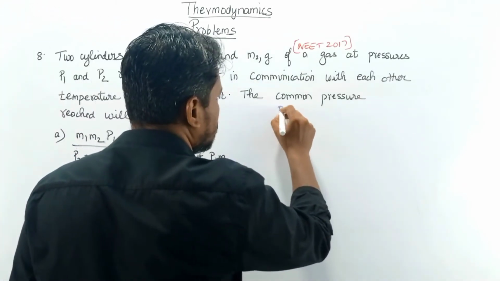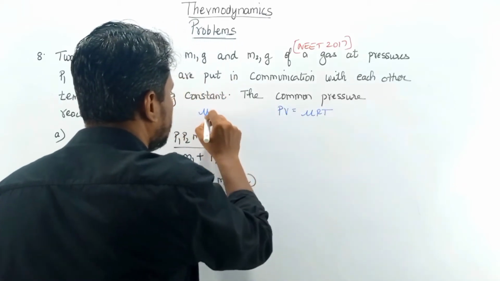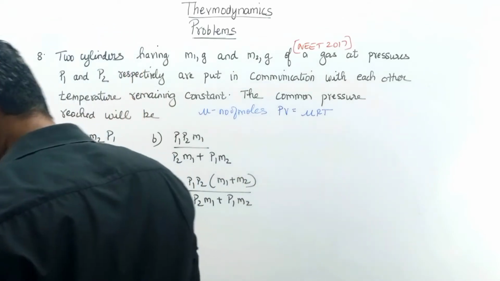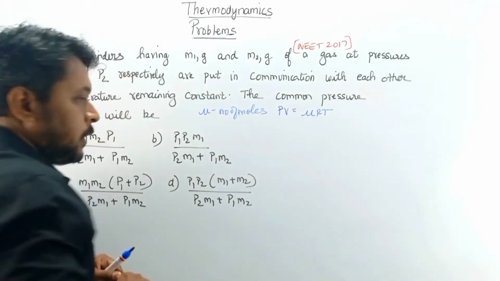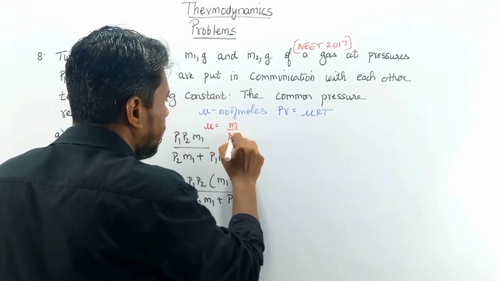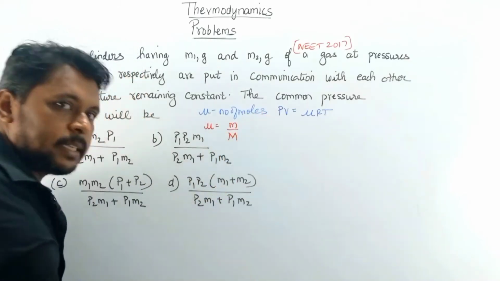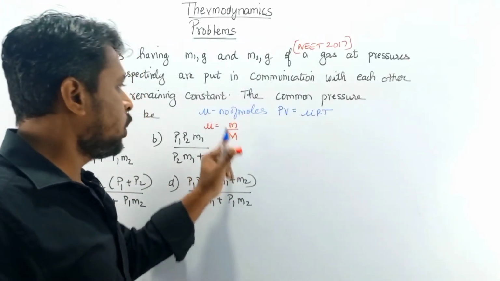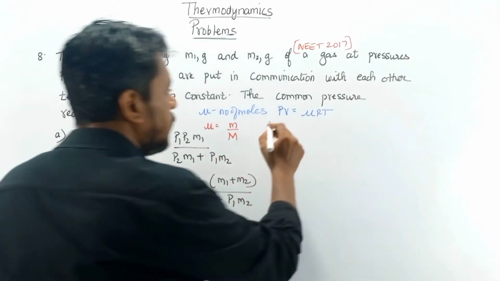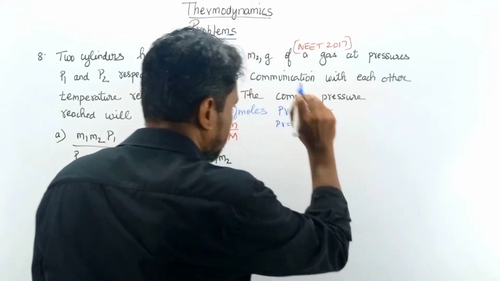According to the ideal gas equation, we have PV equals mu RT, in which mu is the number of moles. This mu could be replaced by small m by capital M, because mu is the amount of substance, that is, mass by molar mass. This capital M is the molar mass. So PV could be written as m by M into RT.